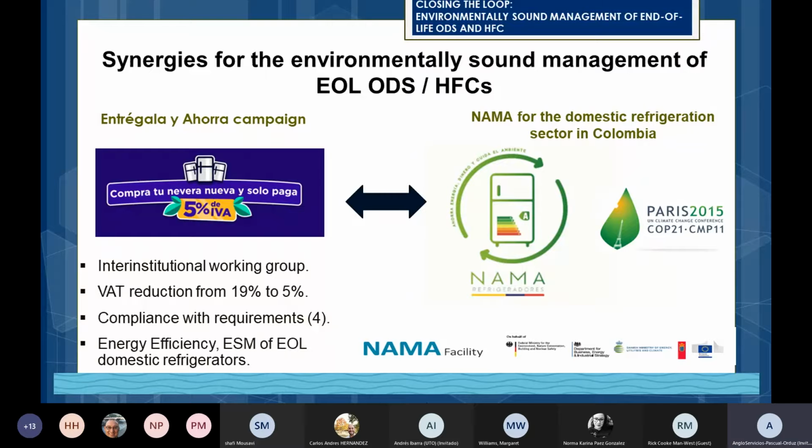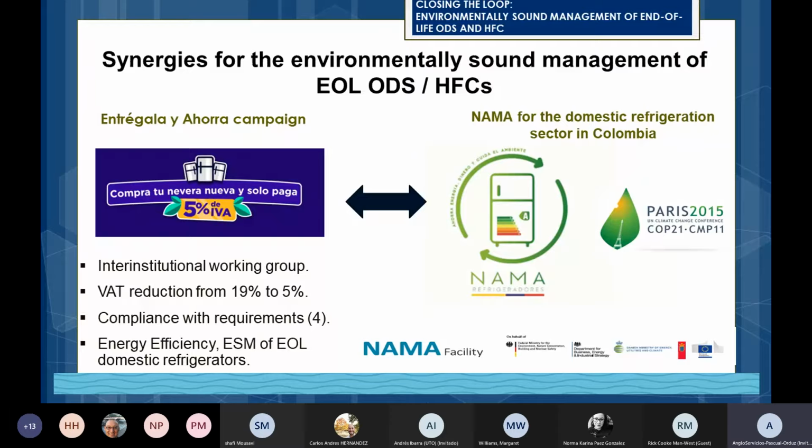Specifically, there's a campaign that intends to help people replace their domestic refrigerators. There's a financial incentive, specifically in the taxation, to reduce the VAT from 19% to 5%, especially for low income families.